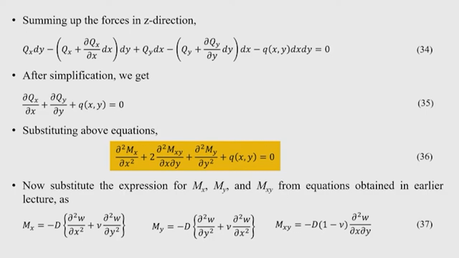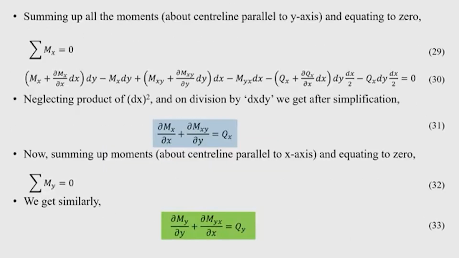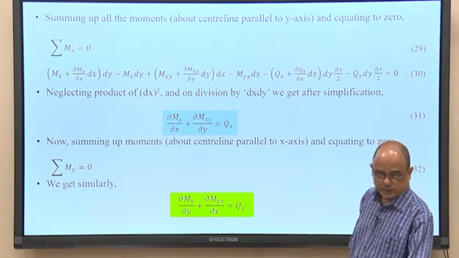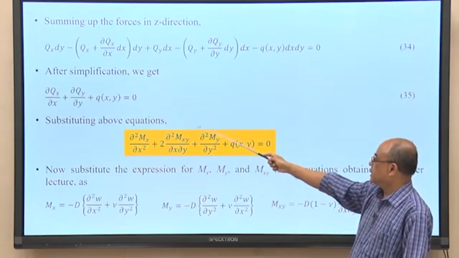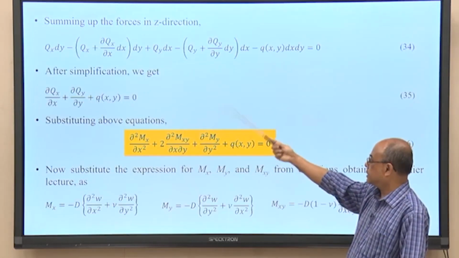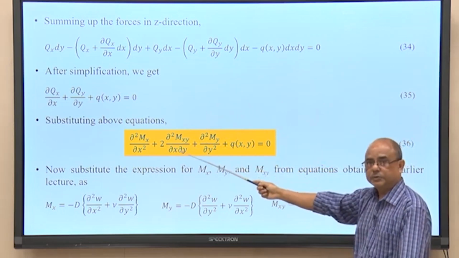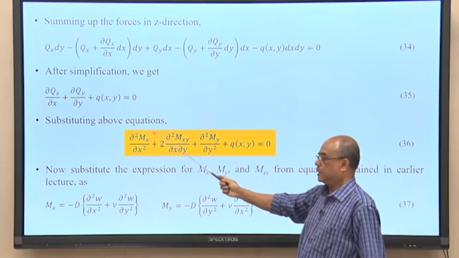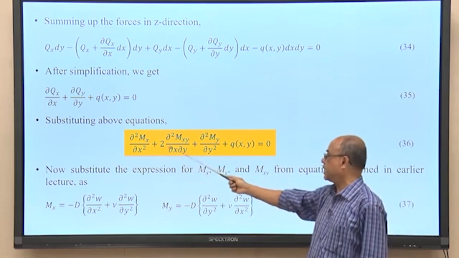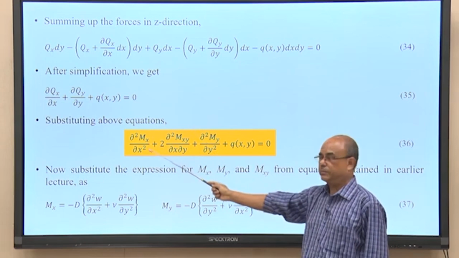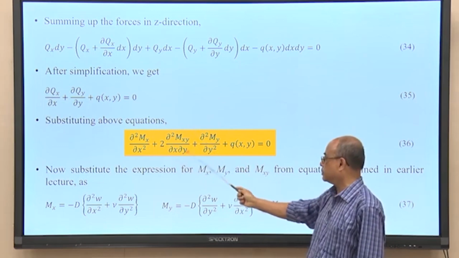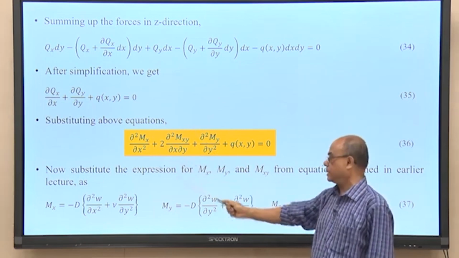Substituting the above equations, in the previous slide we have obtained Qx and Qy. Now, in the next slide, instead of Qx and Qy, we will substitute the expressions that we have obtained earlier. By substituting this and with differentiation, we will ultimately arrive at an equation of this type, which is the equilibrium equation of the plate in terms of moment.